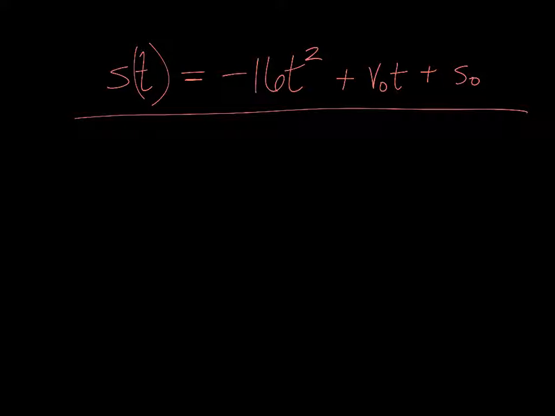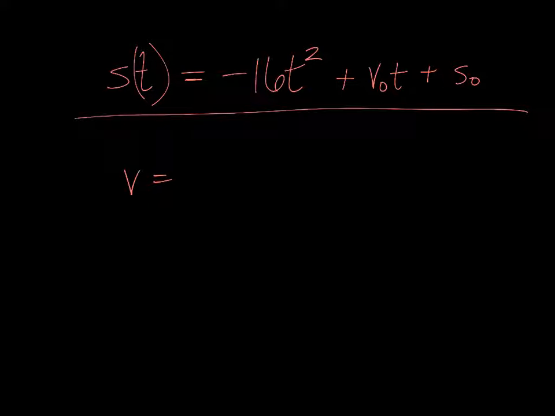What if I wanted to find the velocity function of a freely falling object whose position at any point in time is described by this function? What would I do? Take the derivative. So that derivative, we call it speed.